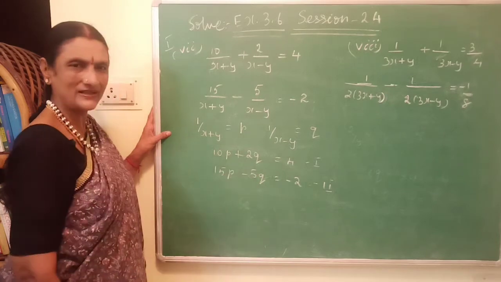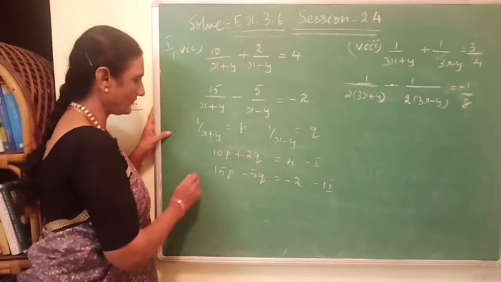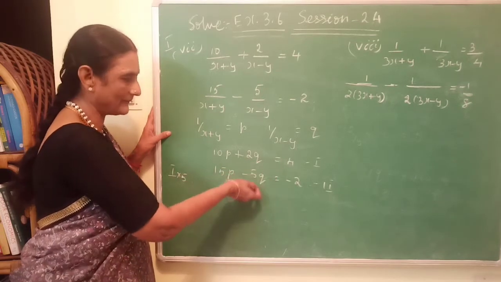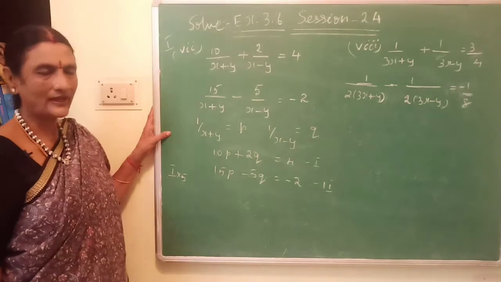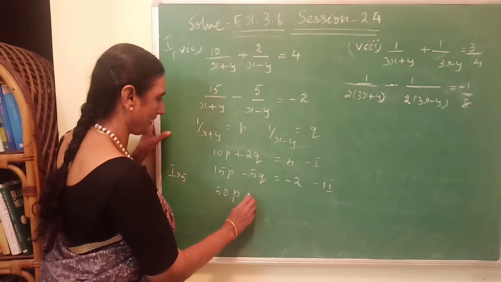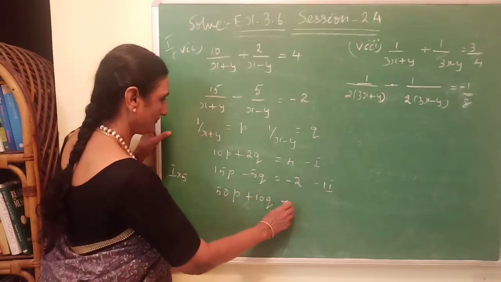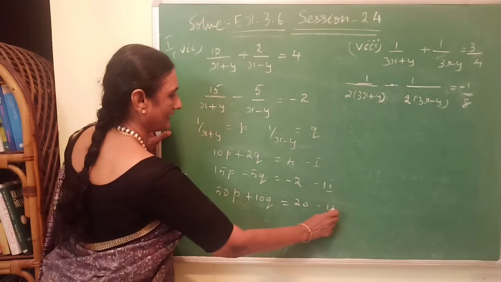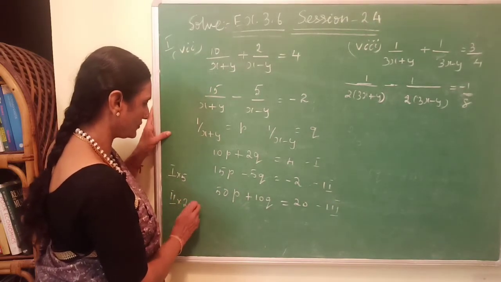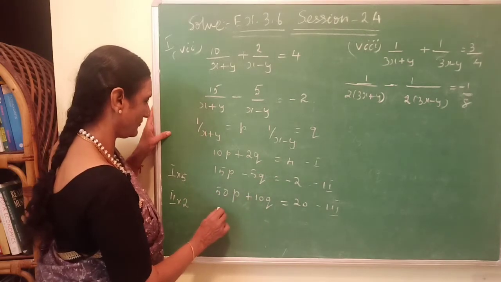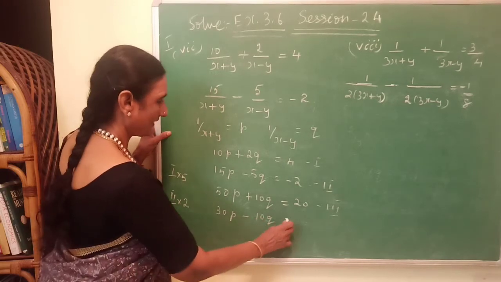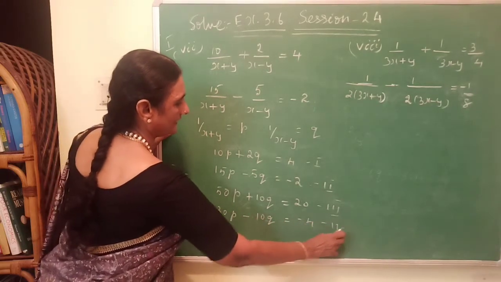The q terms seem to be simple. So, I will multiply the first equation by 5, so that 2 into 5 is 10, 10 being the LCM of 2 and 5. If you multiply the first equation, you will get 50p plus 10q is equal to 20 as the third equation. And then the second equation you multiply by 2 so that you will get minus 10q. So it is 30p minus 10q is equal to minus 4 as the fourth equation.